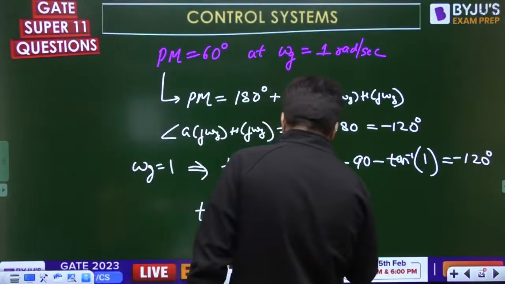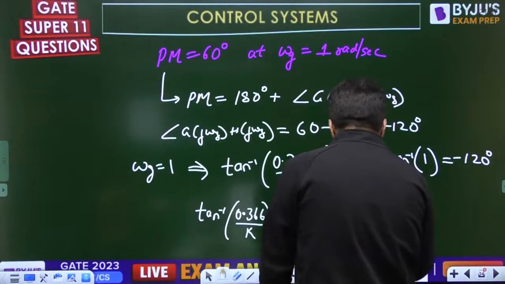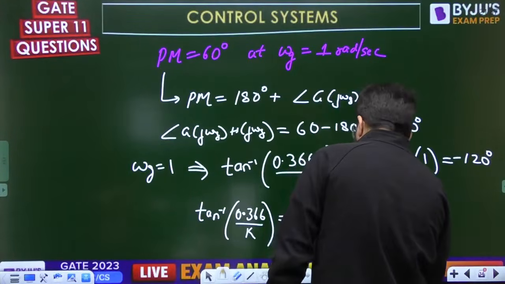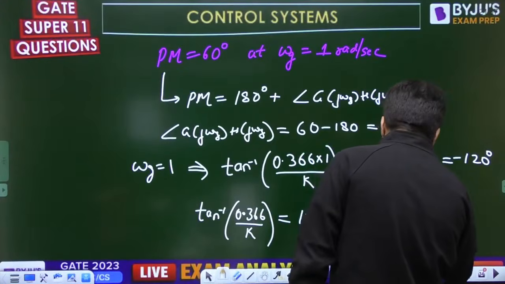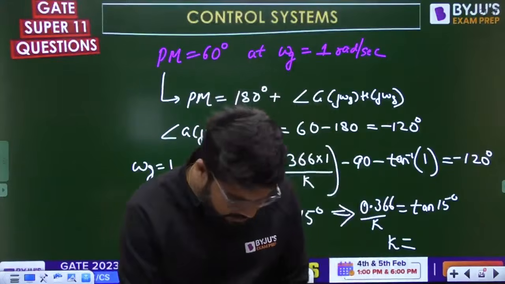So 0.366 upon k will be tan of 15 degree. From here, I will write down directly the value of k.